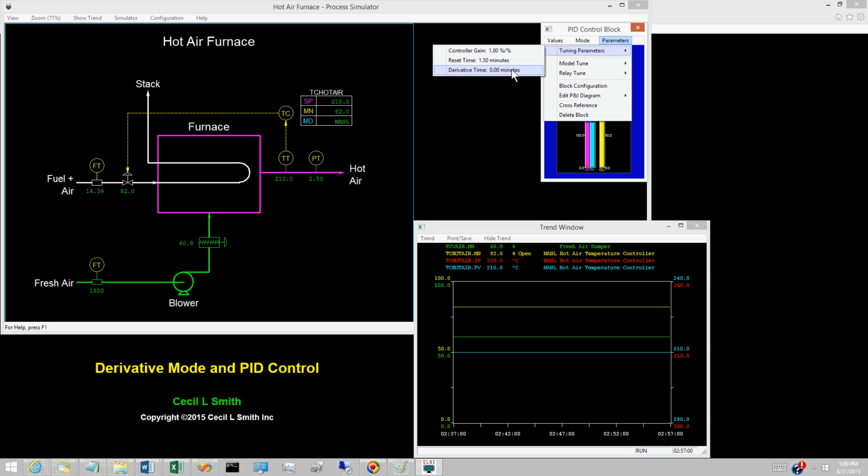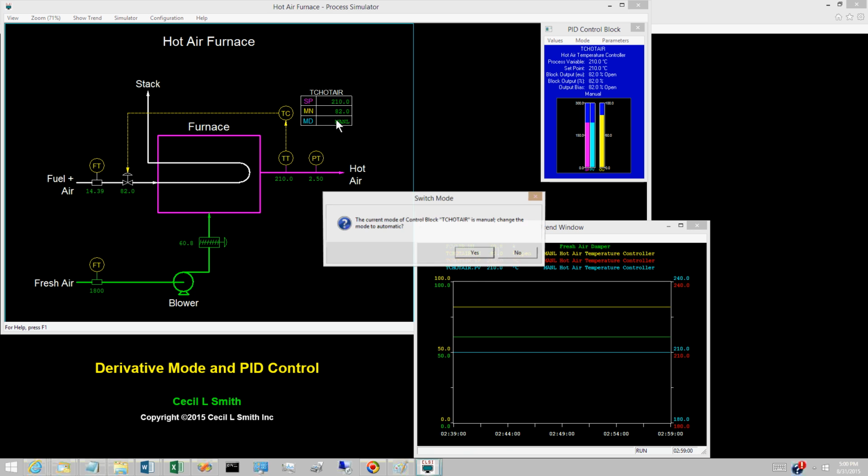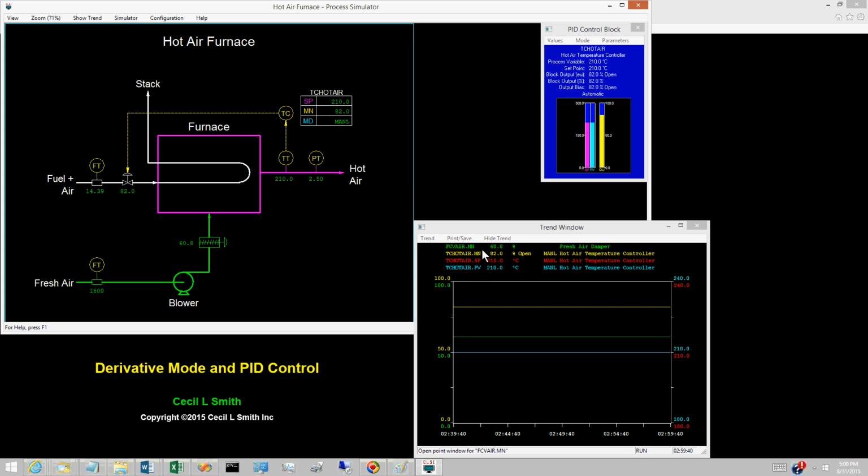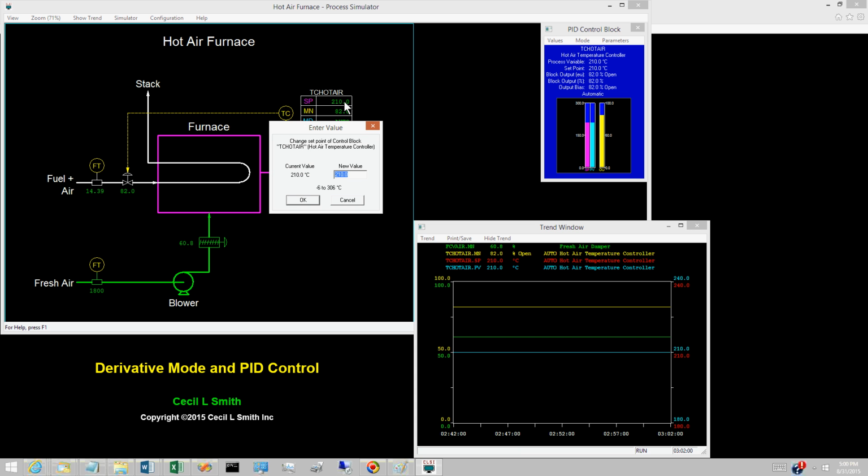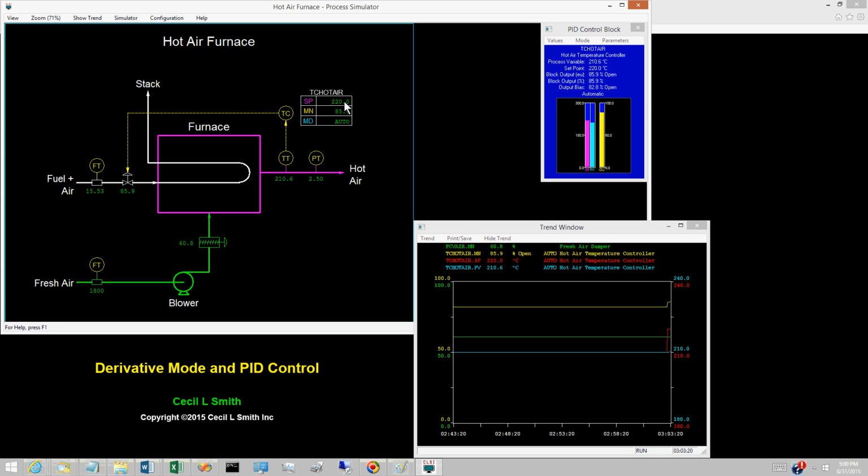As a point of reference, we first obtain the response for PI control. Switch the controller to auto. Then change the set point from 210 to 220 degrees Celsius.